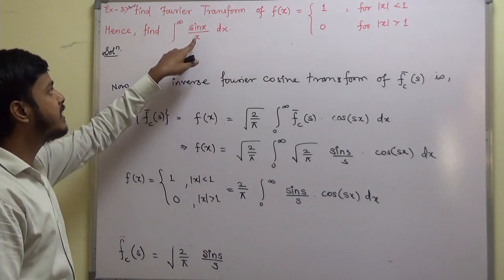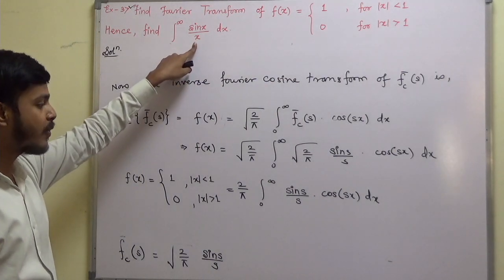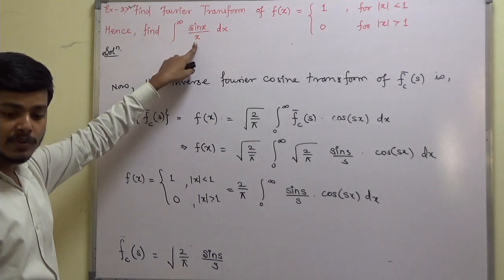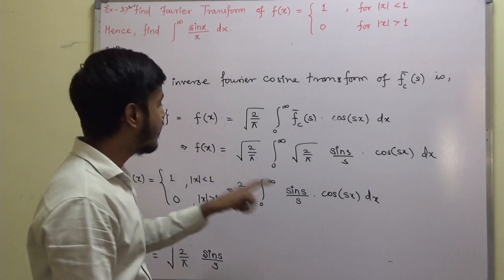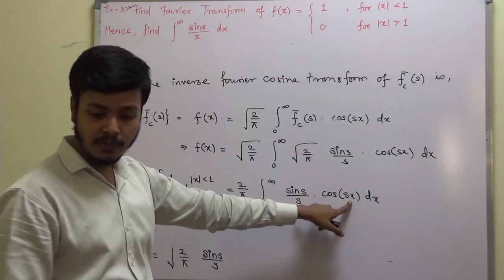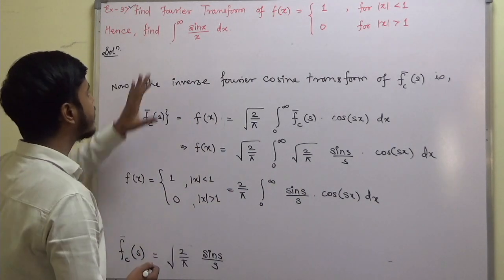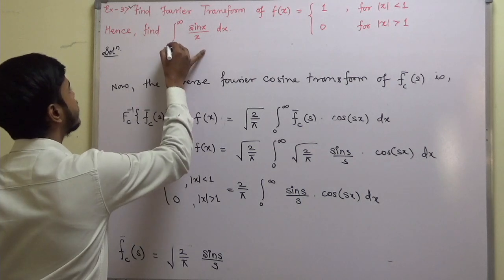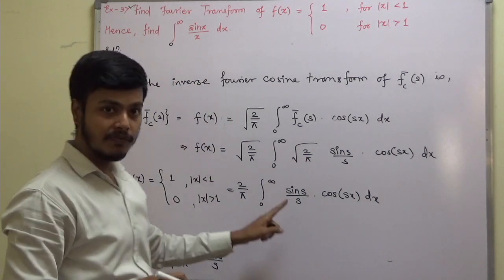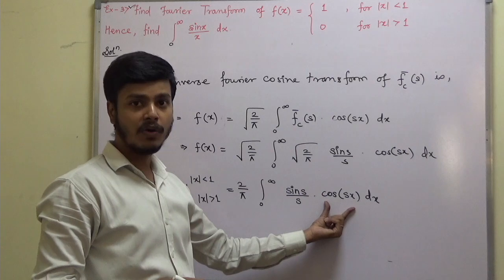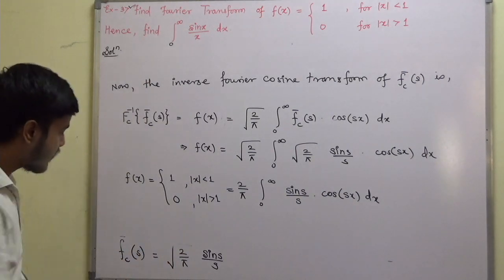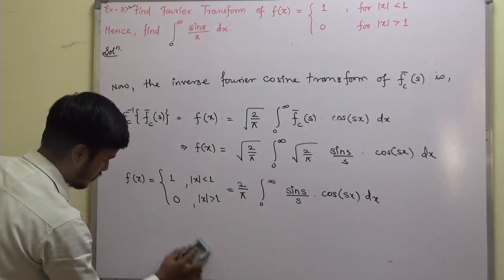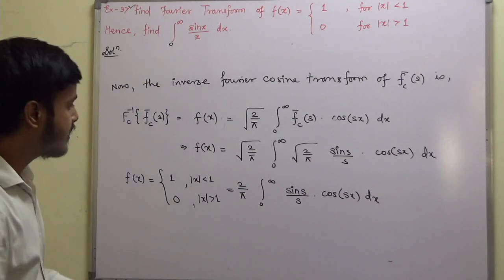As you can see in the answer, I am having sine x upon x. So what I will do is first of all put x is equal to 0, because in the integral we have only the sine function, no cos is required. To get the required result, I will just first of all put x is equal to 0.